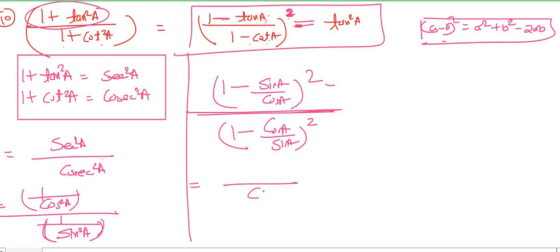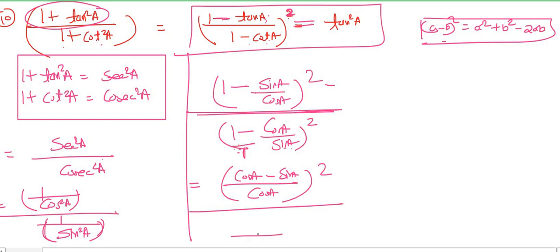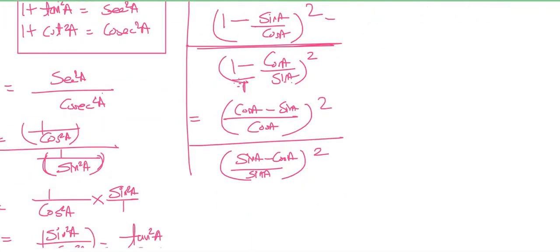On top, LCM is cos A. So it is cos A minus sin A whole square by, what is the LCM of these two? These two LCM is sin A, and this is sin A minus cos A whole square. Okay, what else?